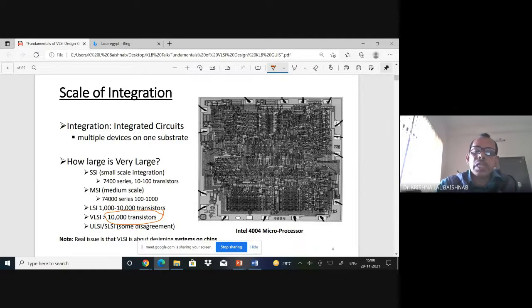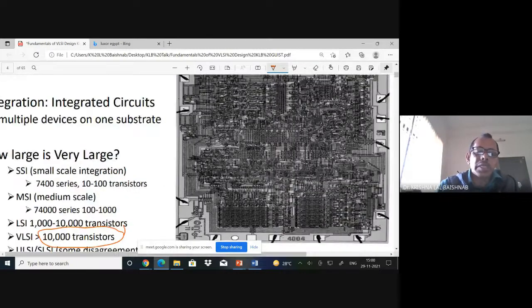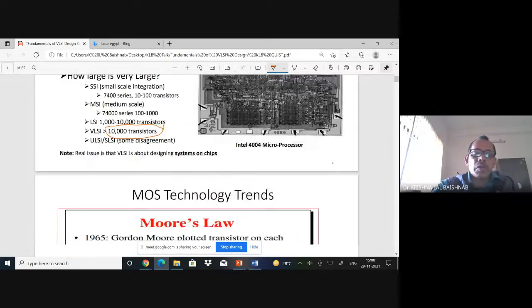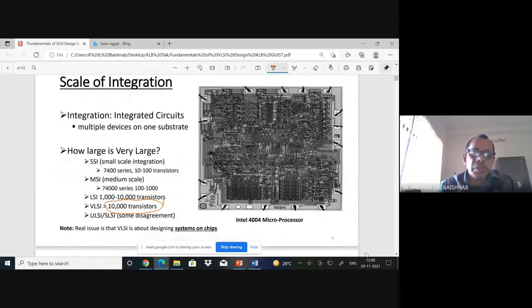If I expand, we can see the number of transistors in a particular chip, and we have a die. Other speakers may be talking on that. If I see the wafer, I'm just giving a brief about the wafer so that I can reach you in a better way.